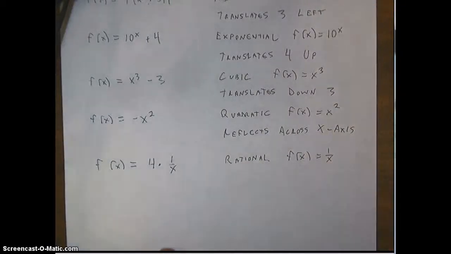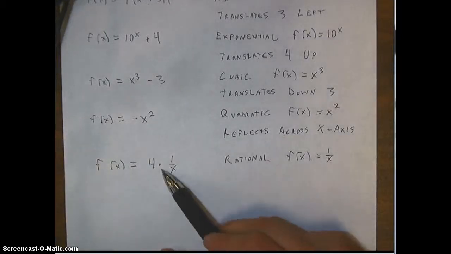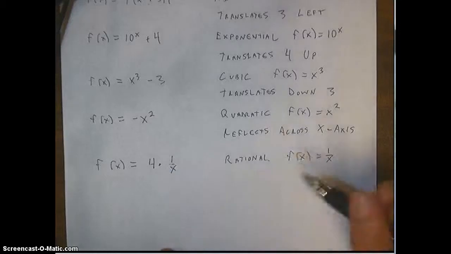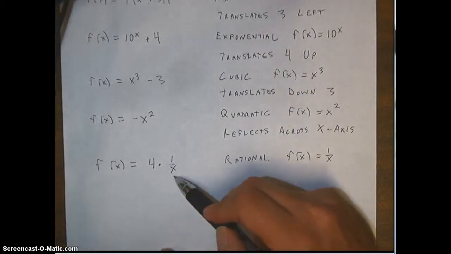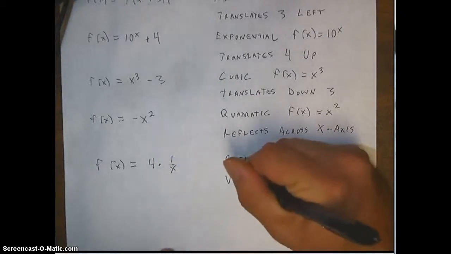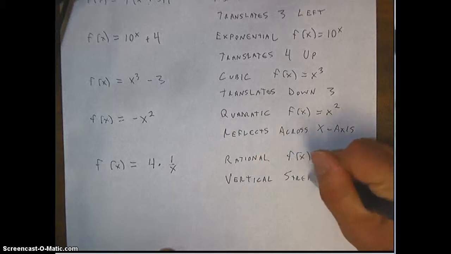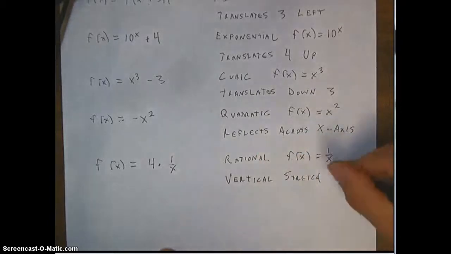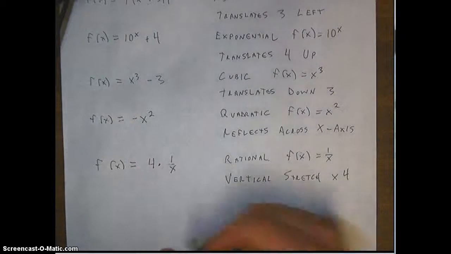Well, it's either going to stretch it or compress it, vertically or horizontally. In this case, since the number is greater than 1, it's going to stretch it. And since it's happening not to the x, but outside of the x, it's vertical. So this is a vertical stretch by a factor of 4. I see another one like that.